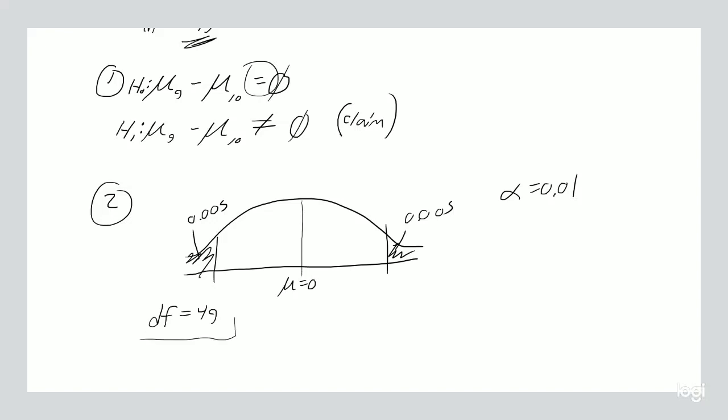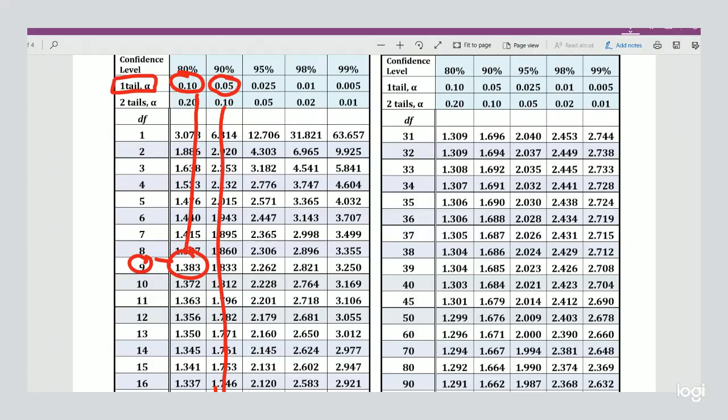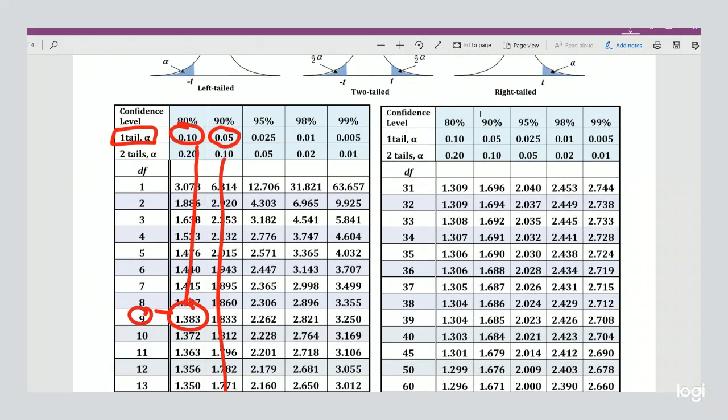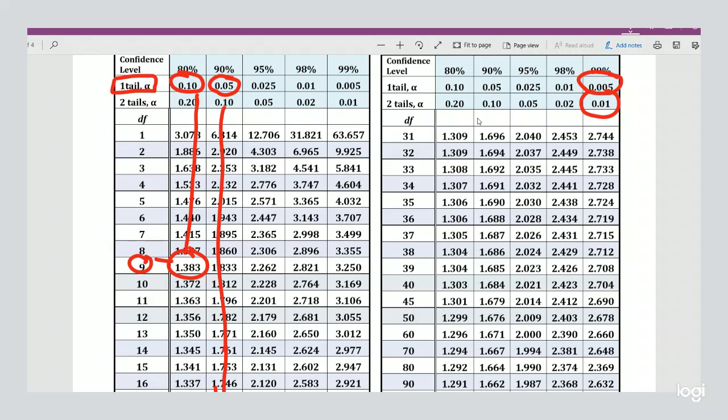So on the t-table, we're going to look for degree of freedom 49 and a tail of size 0.005. So there's our t-table. There we have one tail of size 0.005. Notice that corresponds to two tails of size 0.01, which is our significance level, right? And then we look for 49, and you see there is no 49, so you pick what's closest to it, which in our case is 50.